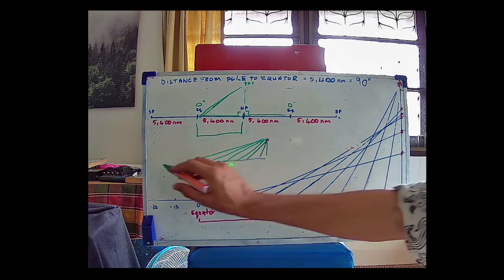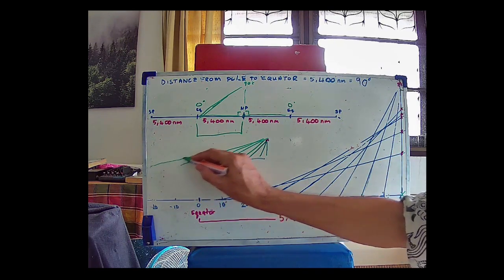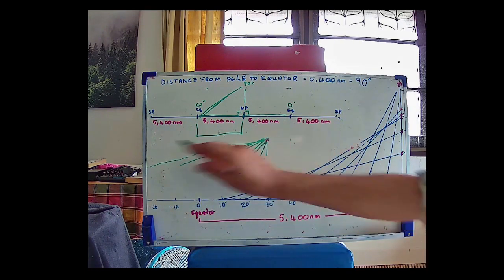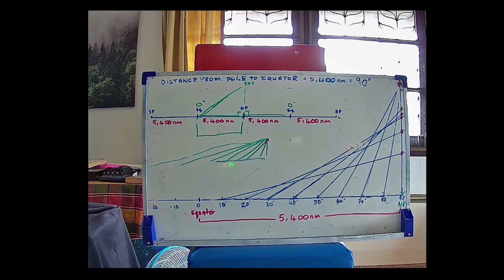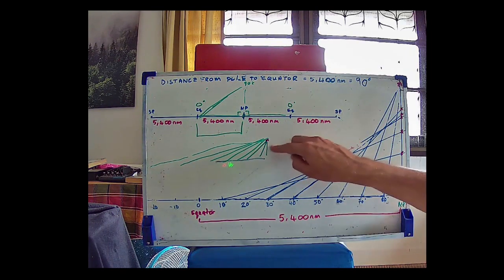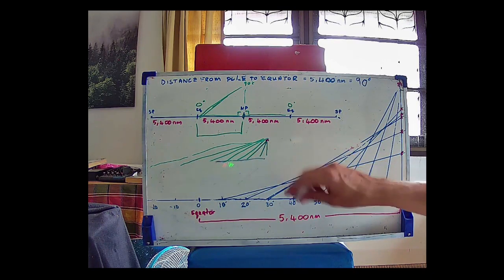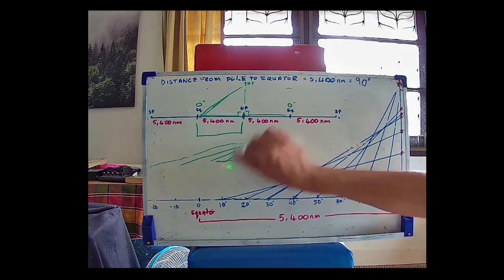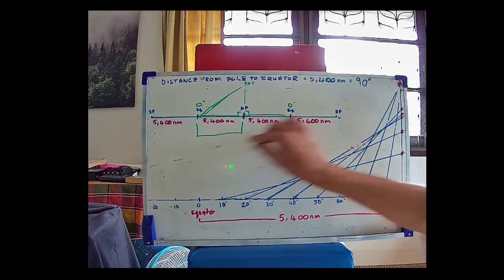It's impossible to draw a line that would be 0 degrees to Polaris. Well, of course, what you're not doing is you're not actually representing how Polaris is seen in the eyes of the observer when they're looking through a sextant or something like that.